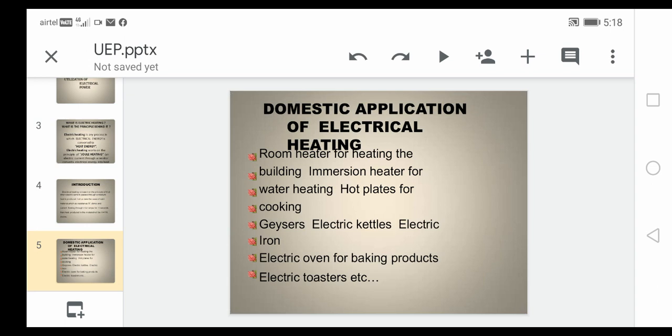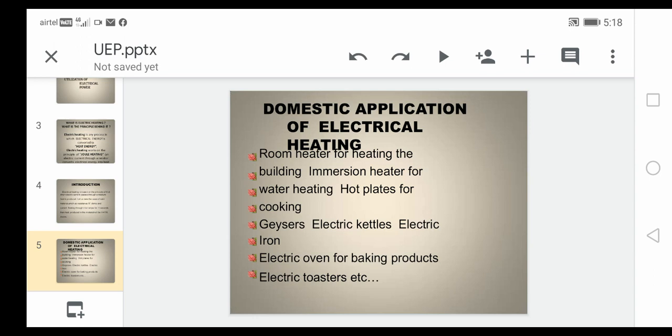Whenever you want to cook some items, we use hot plates. Geysers are also domestic applications to heat water, electric kettles to make coffee, electric iron to press clothes, electric oven for baking products, and electric toasters. There are different types of domestic applications.